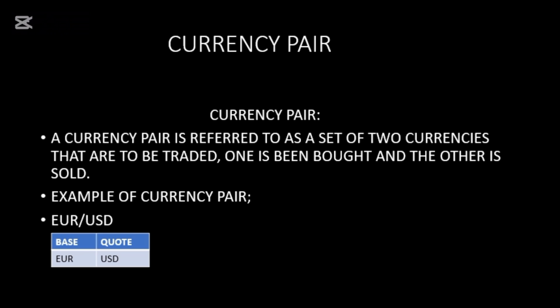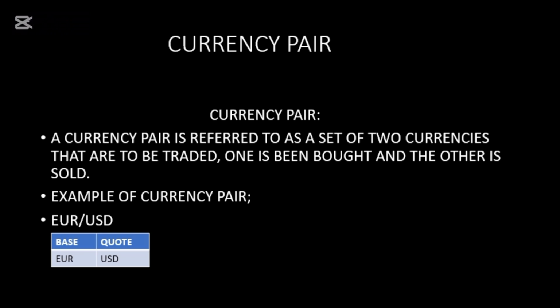Currency pair. A currency pair is a set of two currencies that are to be traded. One is being bought and the other is sold. An example of a currency pair is the EUR/USD. The euro is the base currency, while the USD is the quote currency.